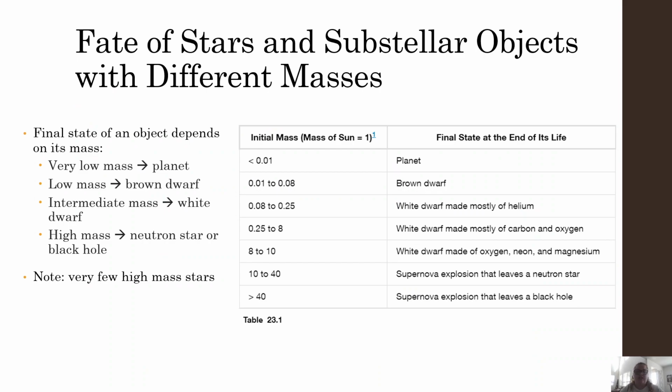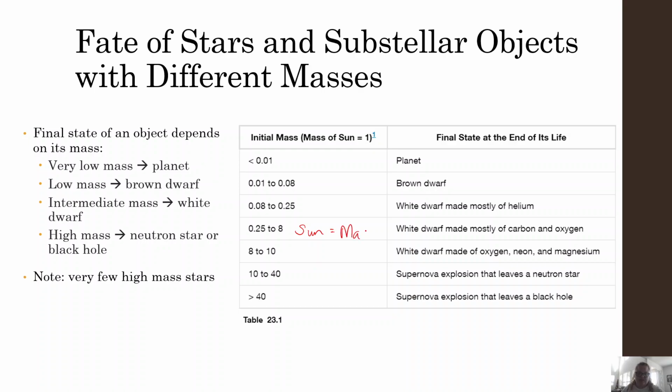All right, so let's look at the different fates of the stars and objects with different masses. So this table is in your textbook, and we have different initial masses. So where we're going to say the mass of the sun is equal to 1. This is where the sun would be.